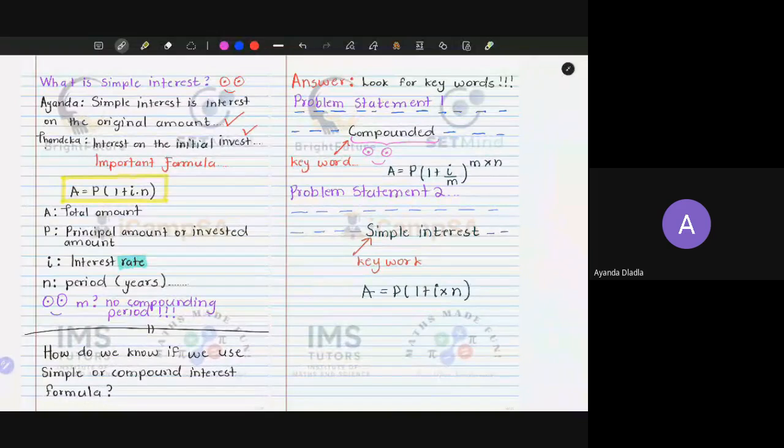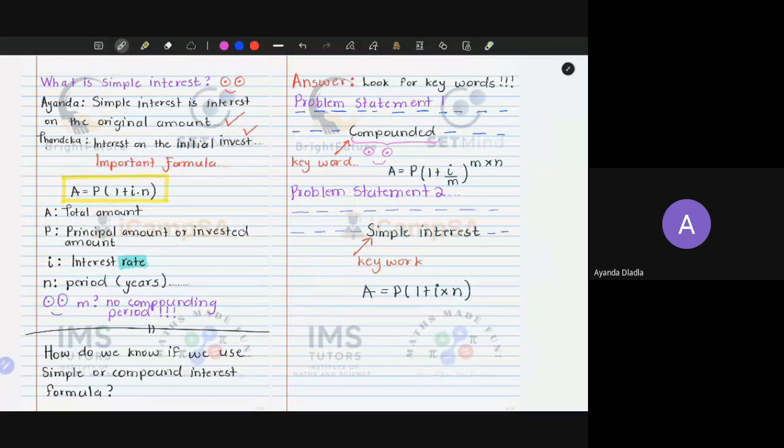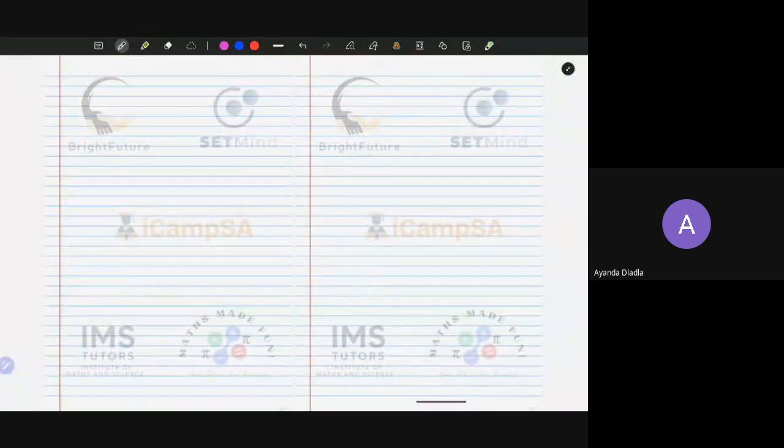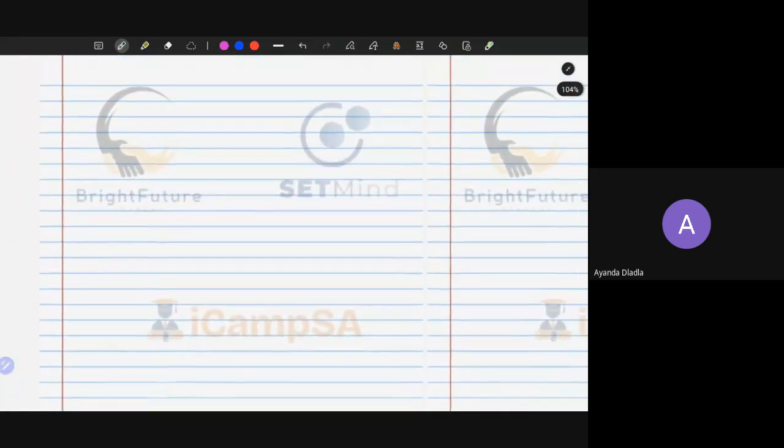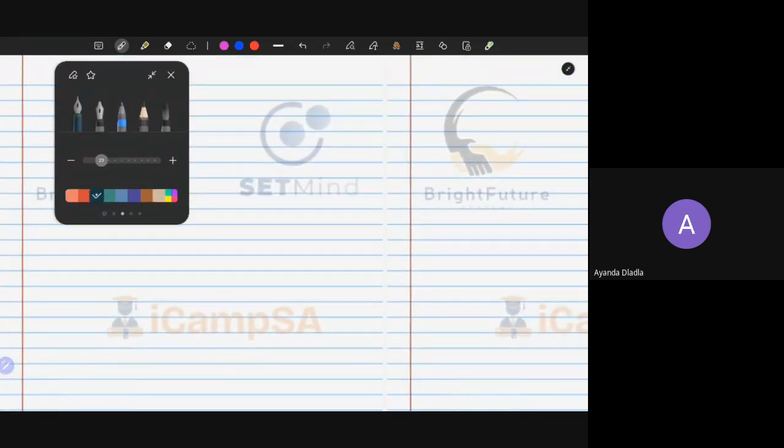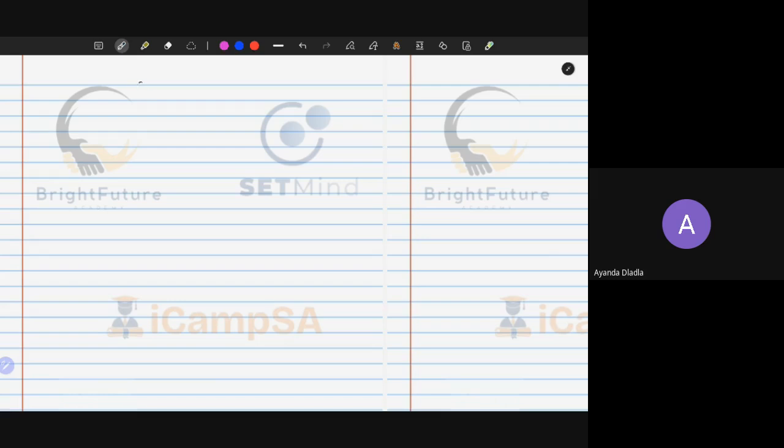Let's have a look at this easy one. Let's call it question 1 of this lesson. Remember we said we do not worry about compounding periods when we are dealing with simple interest.